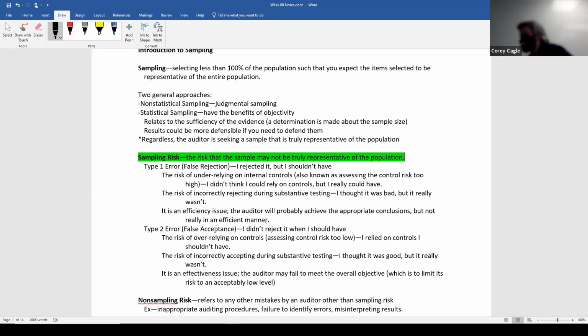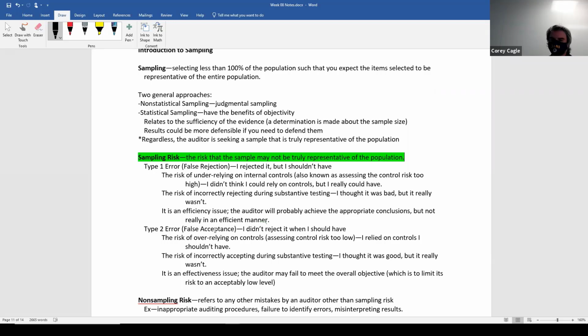We can do samples for testing internal controls. We can do samples for testing details of balances and things like that, substantive tests. So if you are doing a sample for controls, you're saying, I didn't think I could rely on these controls, but in reality, I really could have.